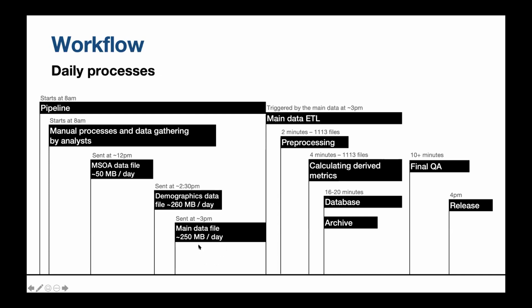And the availability of this, what we call pushing this data, would automatically trigger our ETL pipeline. For those who don't know, ETL stands for extract, transform, and load. So it extracts the data from this file, it does the processing that needs to be done, and then it loads it into our database.